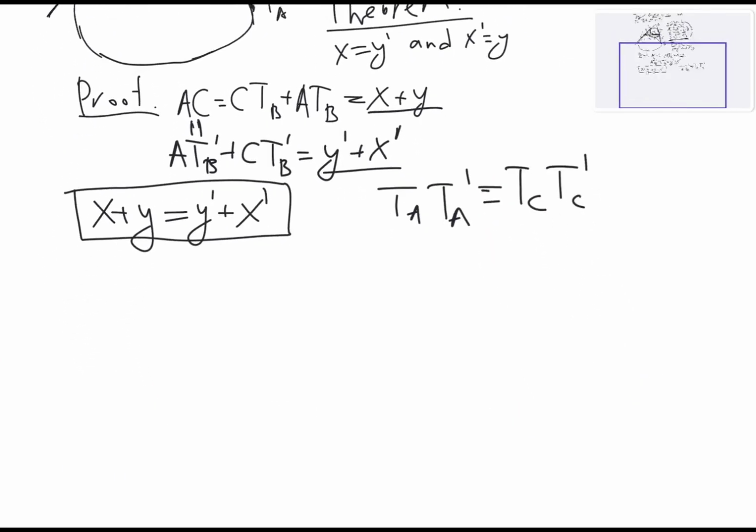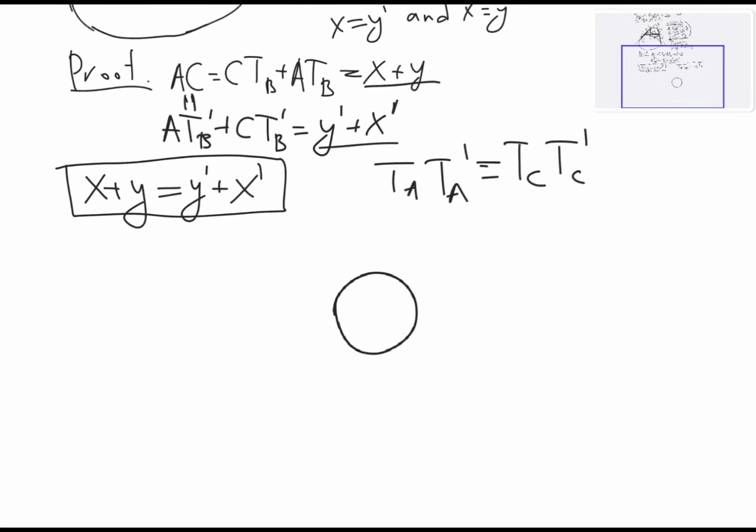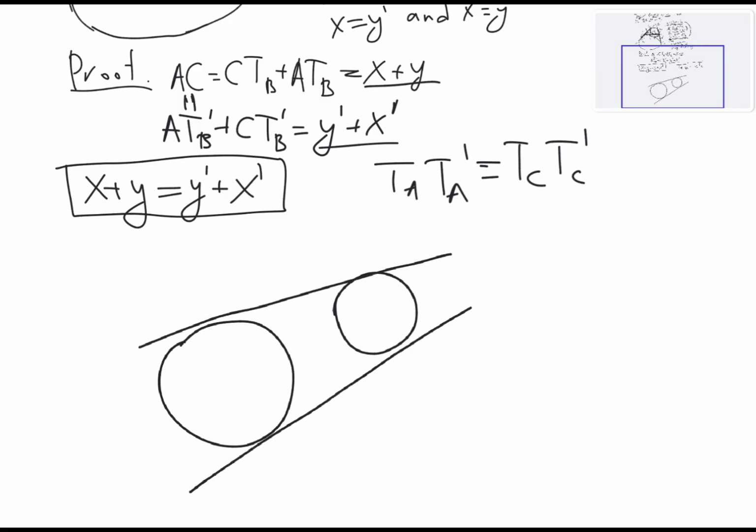This is basically like for any two circles. If you have two circles and common external tangents, then this segment is equal to this segment. And why is that?